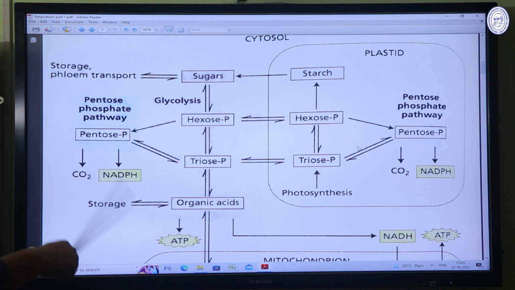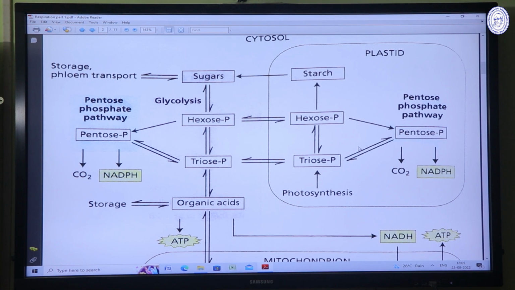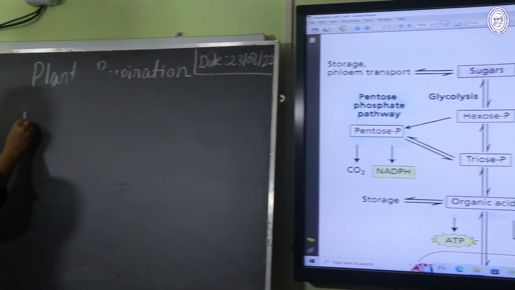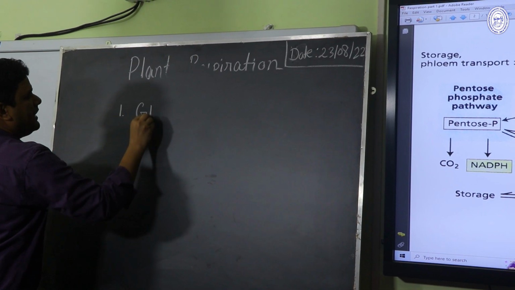Look at this diagram. It shows the overall reaction of respiration. Mainly four biological processes happen in respiration. First one is glycolysis.